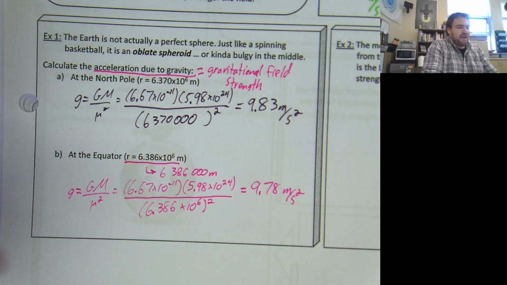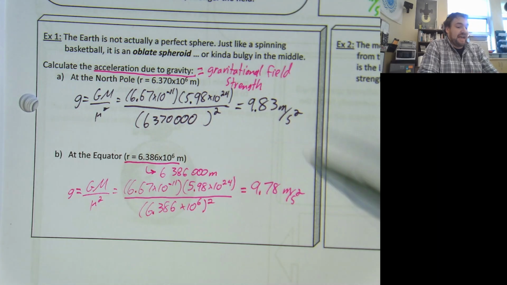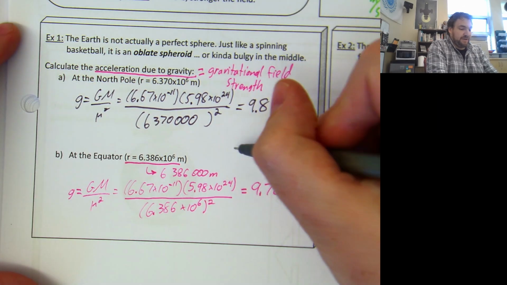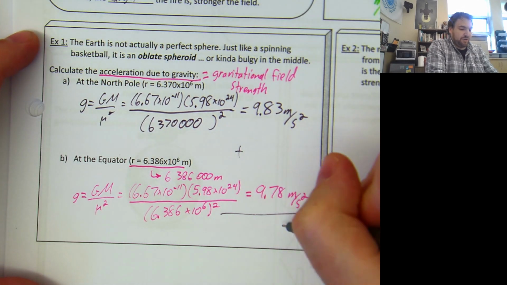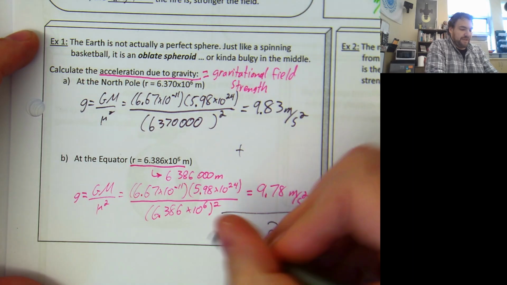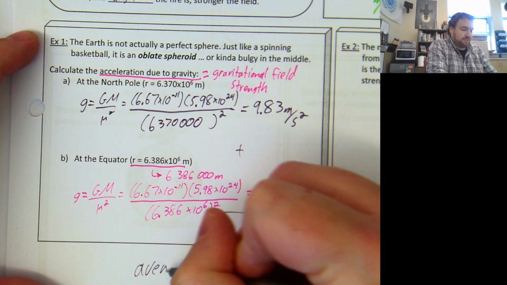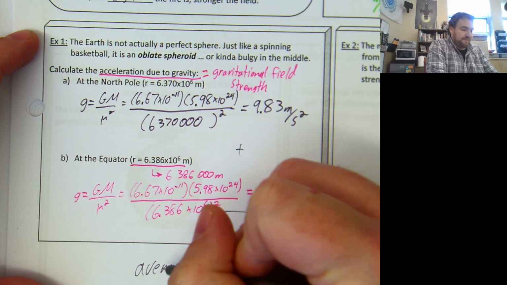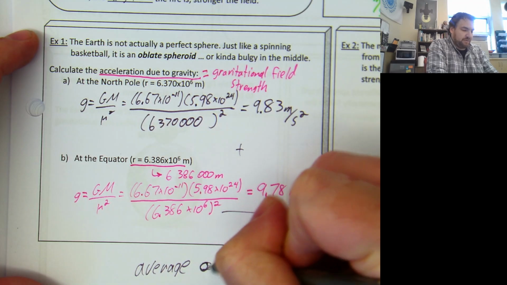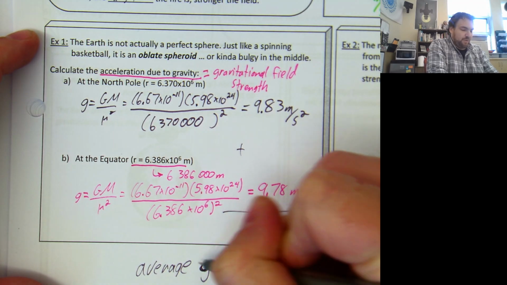Just for fun, let's take the average of these two. How do you take the average of two values? Add them together and divide by as many values as there are. So what's the average of these two values? Add them together, divide by 2, and you get that the average g is going to equal what?